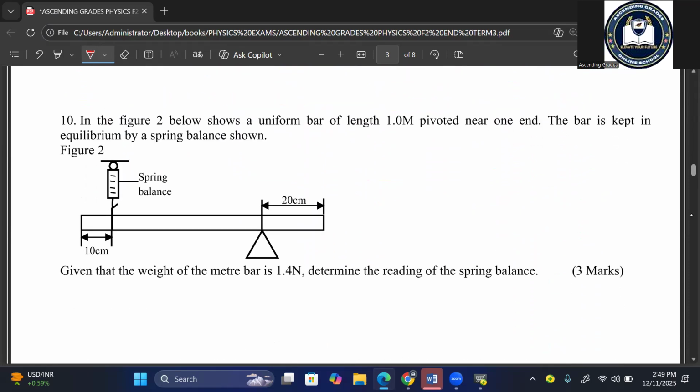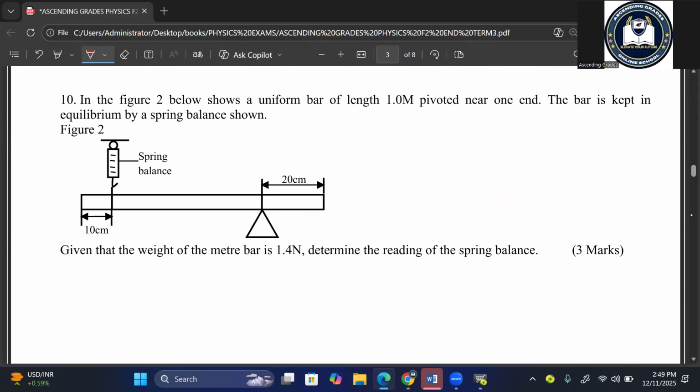Question 10. In the figure below, a uniform bar of length 1 meter, so this is about 100 centimeters, pivoted near one end.